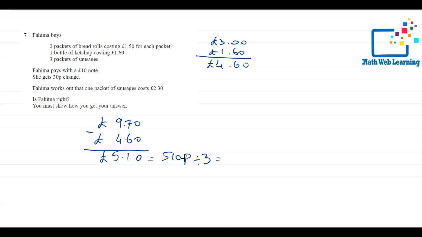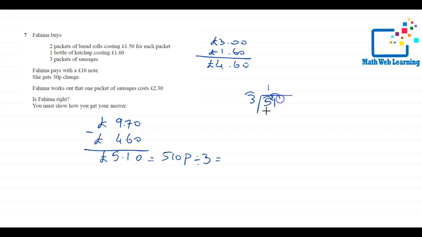Basically you're doing 510 divided by 3, or you could ignore the 0 for a little while, just temporarily. You do 3 into 51. First you do 3 into 5. How many 3s into 5? 1, and the remainder is 2.